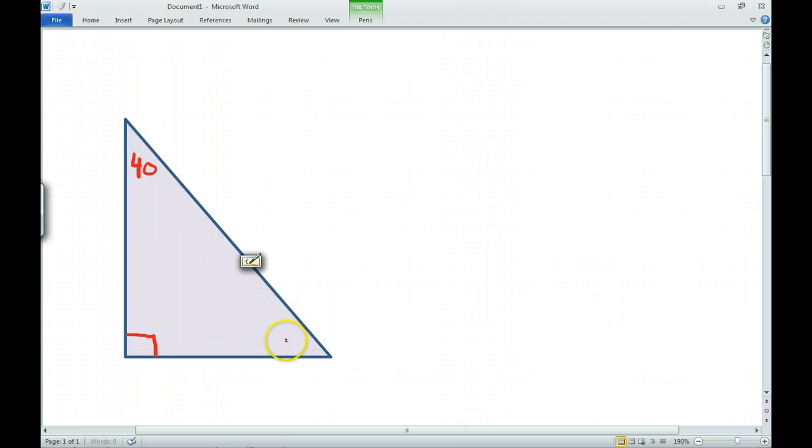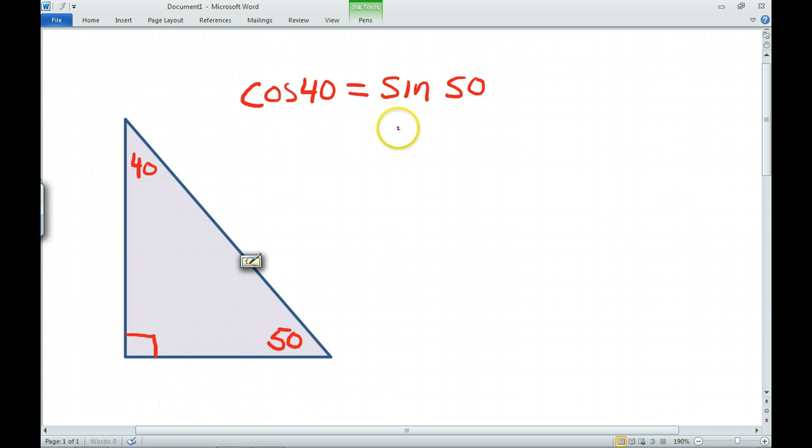What's going to be the measure of this angle down here? Well, that's going to be 50 degrees. Again, they have to add up to 90. Well, if the cosine of 40 degrees is what I begin with, that's going to equal, guess what I'm going to write over here? That should equal the sine of 50 degrees. So the cosine of one angle should always equal the sine of the other angle when they are complementary like this.